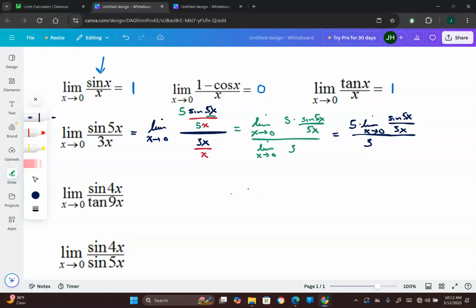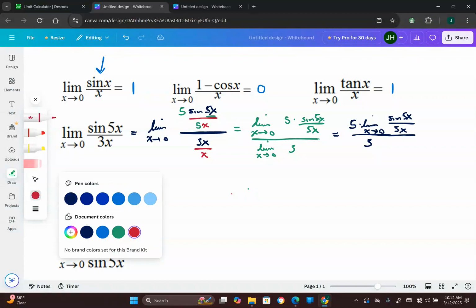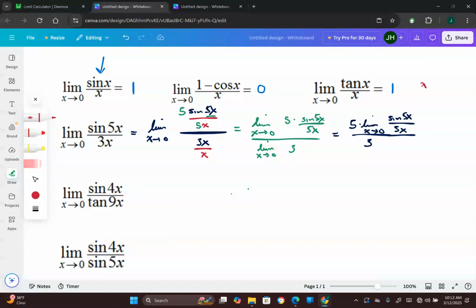Now, here's the thing that is very important here. If x approaches 0, doesn't it make sense that 5x also approaches 0? So right here in my limit, instead of writing x approaches 0, I'm going to write 5x approaches 0. And this limit that you see on the top right here is essentially the same as this.